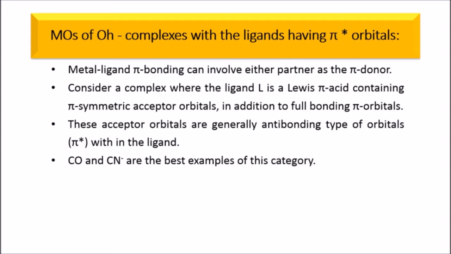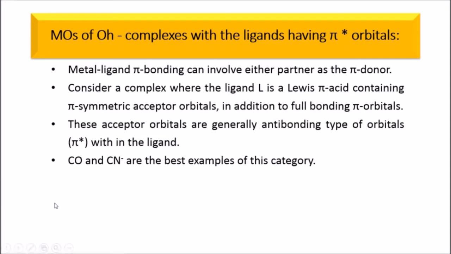That cannot be explained in CFT, but can be clarified in molecular orbital theory. Those examples I have talked about, that is carbon monoxide, cyanide, nitrous oxide, triphenyl phosphine, alkyl phosphine, those ligands which have the ability to form sigma as well as pi bonds can participate.